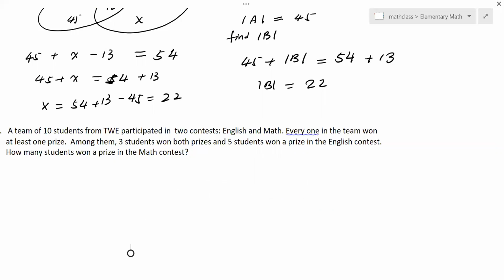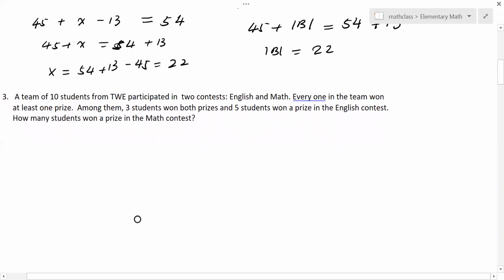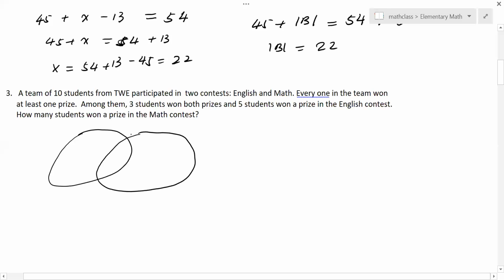So how many students won a prize in the math contest? It's still a pretty similar situation here. So you get a picture: this is the English contest, and this is the math contest.